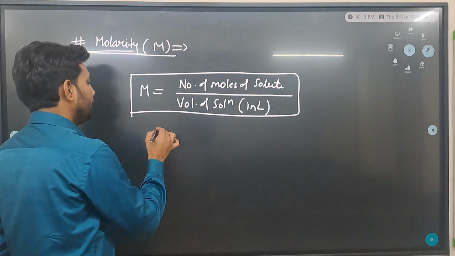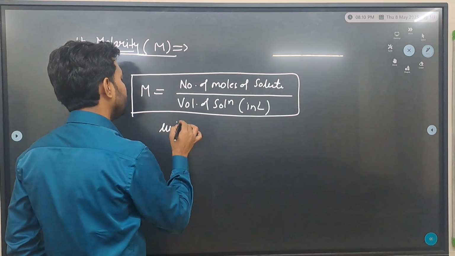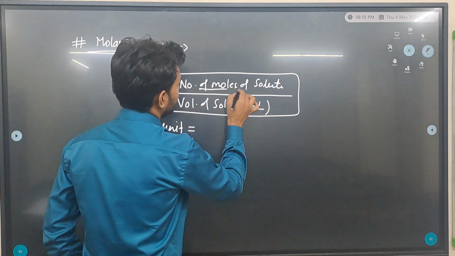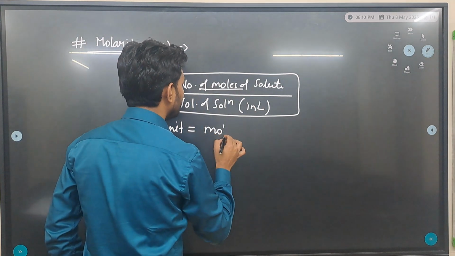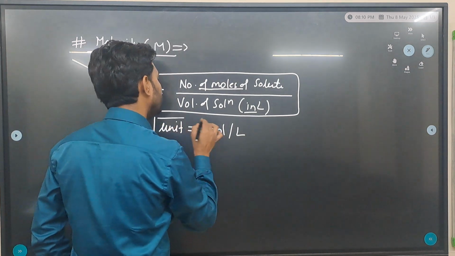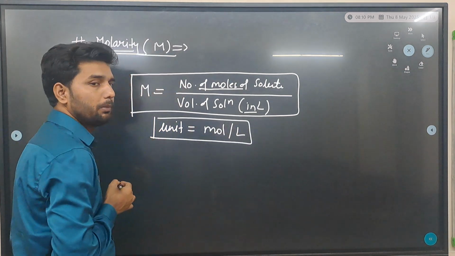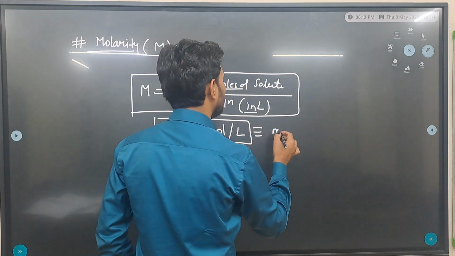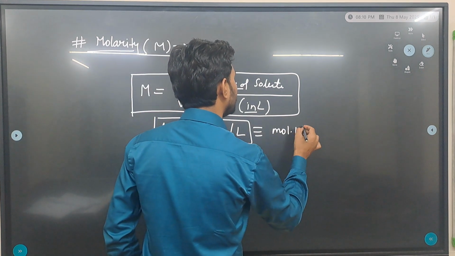Okay, the unit of molarity will be: number of moles has the unit mole, and solution in liter, then the unit will be mole per liter. You can also write it as mole dot liter inverse.